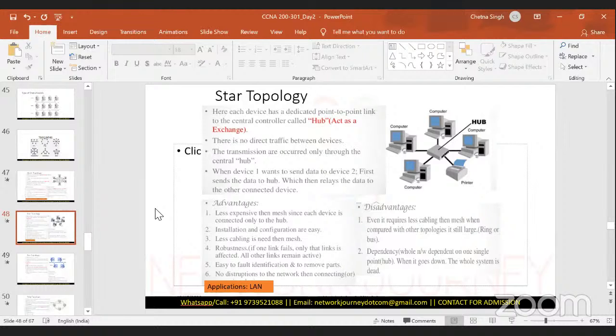That means we are ensuring redundancy: if there is a failure over one link, or if any of the interfaces of the devices goes down, then I have another link parallel to it, so that if one fails, the other is up. Whenever one goes down, the other automatically comes up.